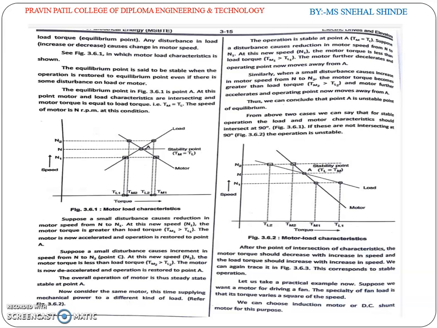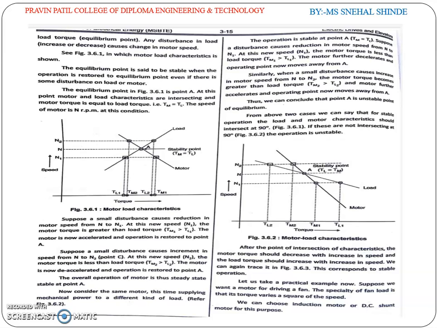This is the equilibrium point; any disturbance in load, increase or decrease, causes a change in the motor speed. So in the figure in which motor load characteristics are shown, the equilibrium point is said to be stable when the operation is restored to the equilibrium point even if there is some disturbance on the load or motor.